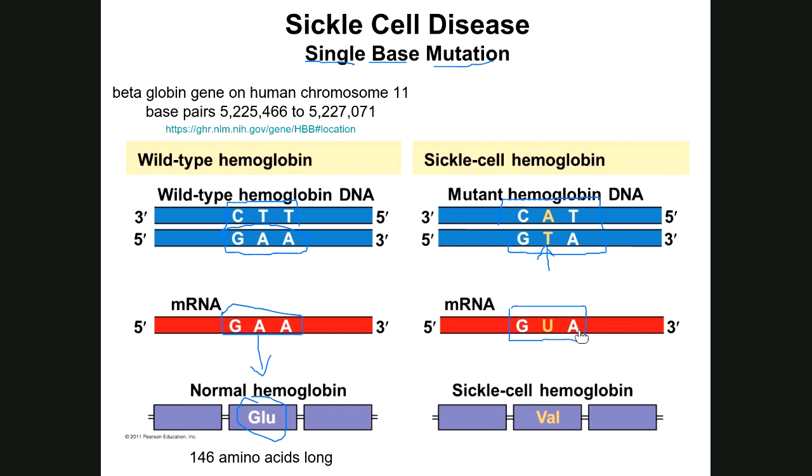Doesn't seem like a big deal, but the problem is this mutation happens to fall within one of the codons in the mRNA that is transcribed using the reverse strand. If you notice, there's a big difference between the codon GAA and GUA. GUA codes for a completely different amino acid that is hydrophobic. It is water hating. It does not like to interact and mingle with other molecules or ions. This one is known as valine.